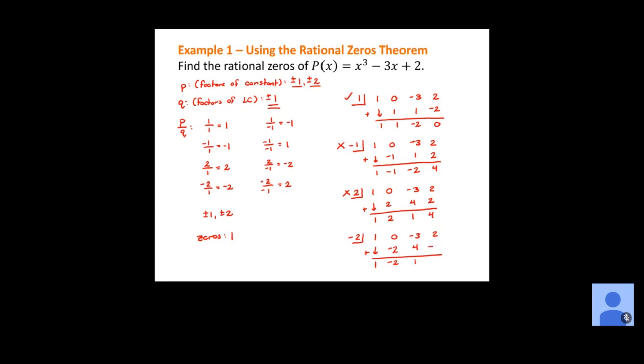And 1 times negative 2 is negative 2. So what's our remainder this time? 0. And so what do we know now? Good. Negative 2 is a 0. And so again, I'm going to add that to my list. So now in terms of finding all the rational zeros of this polynomial, these are the rational zeros for that polynomial that we started with.